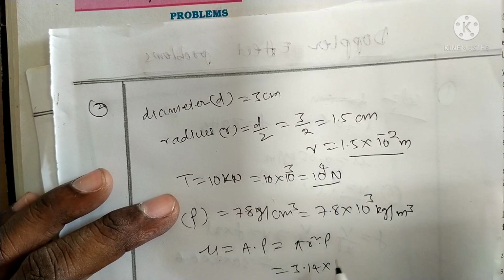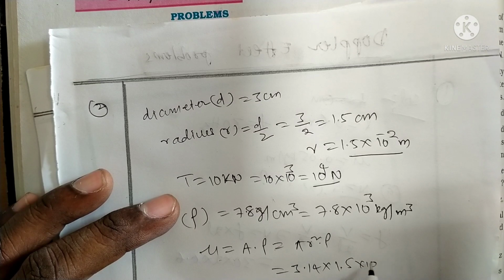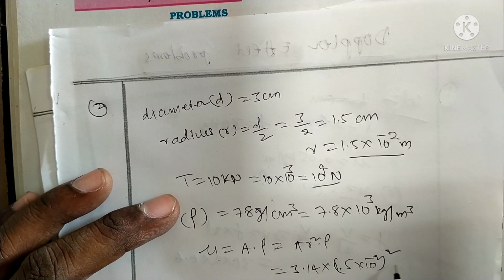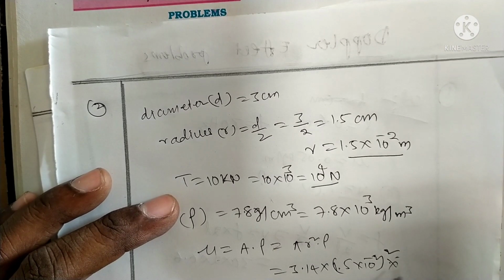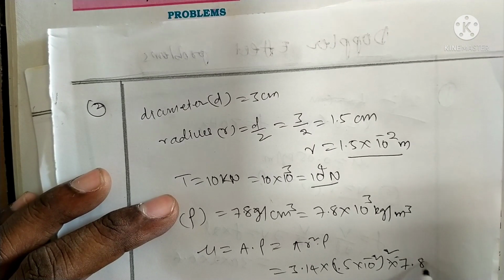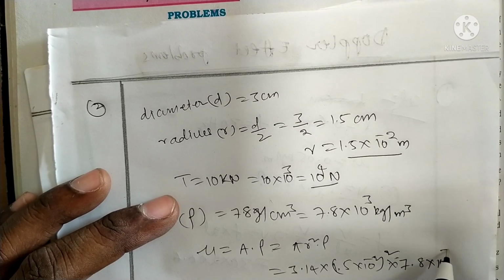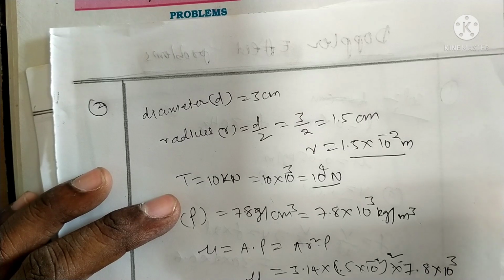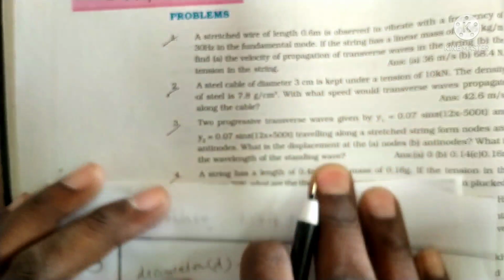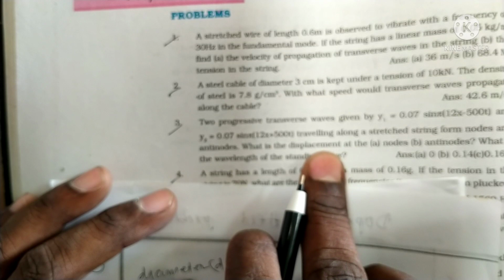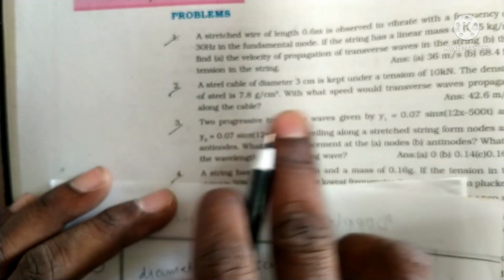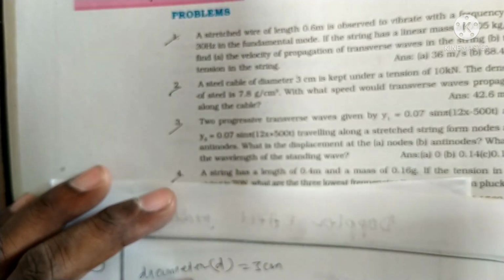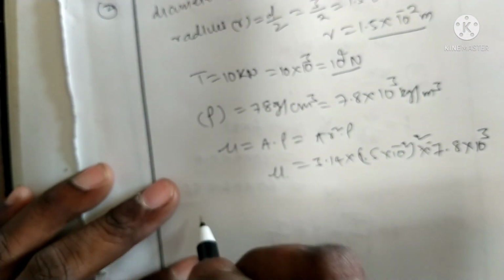R is 1.5 into 10 to the power of minus 2, whole square, into 7.8 into 10 to the power of 3 kg per meter cube. This is the mu value. Okay, first of all we find the speed of the transverse wave. What is the speed of the transverse wave formula?